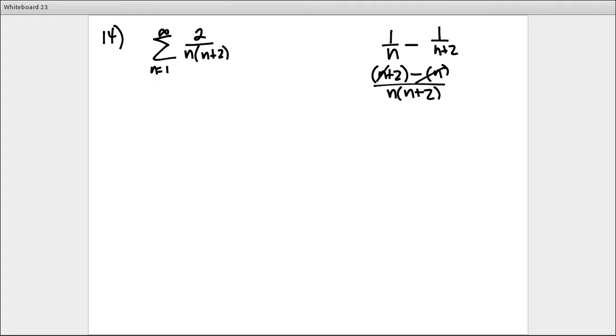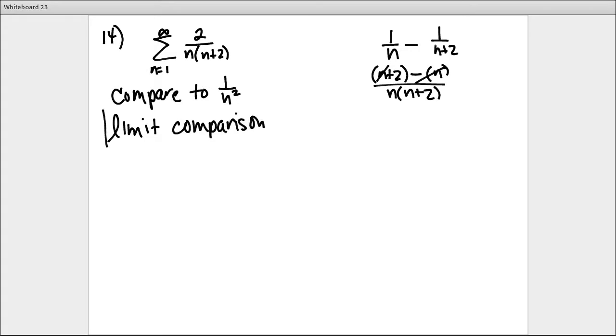But if it's just like this, then what you can do is compare it to 1 over n squared, which is one we know. So this is the limit comparison test that I'm going to do, and I know 1 over n squared converges.